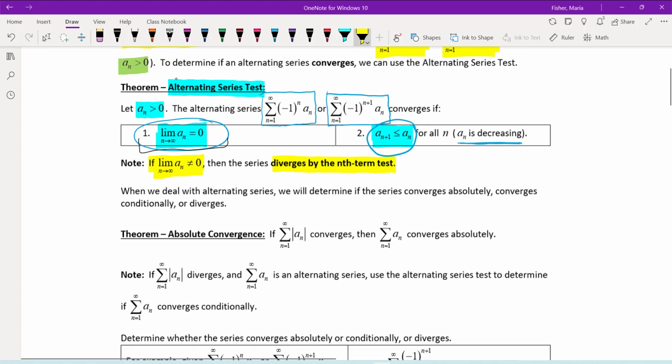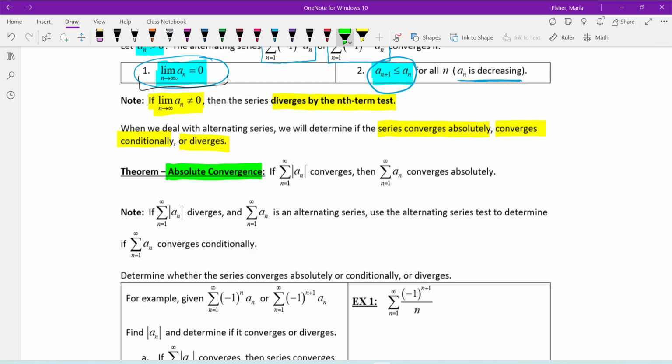Now when we deal with alternating series, what we're going to do is determine, does the alternating series converge absolutely, converge conditionally, or diverge? So let's figure out what absolute convergence means, and then determine how to find out if our alternating series converges absolutely, converges conditionally, or diverges.